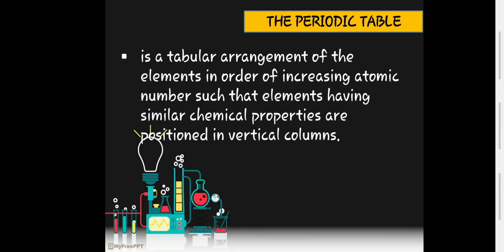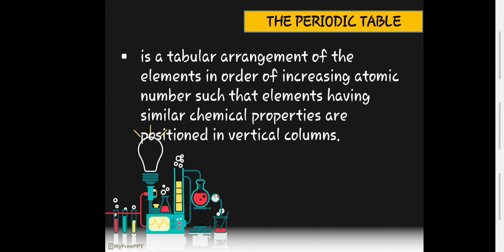Okay, continuing our discussion, let's discuss now what the periodic table is. The periodic table is a tabular arrangement of the elements in order of increasing atomic number, such that elements having similar chemical properties are positioned in vertical columns.